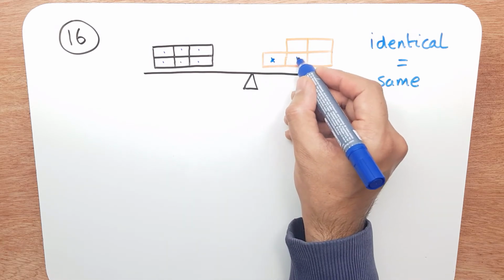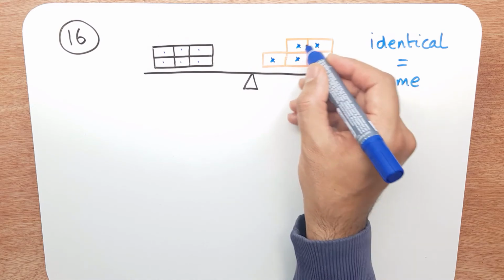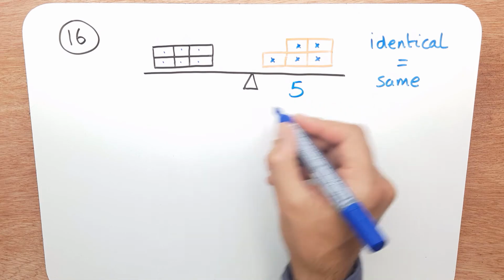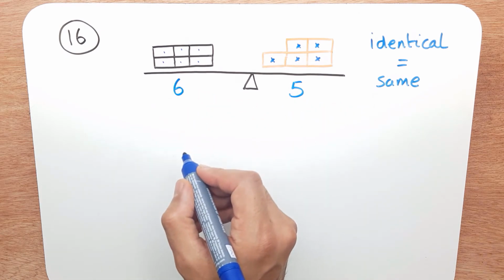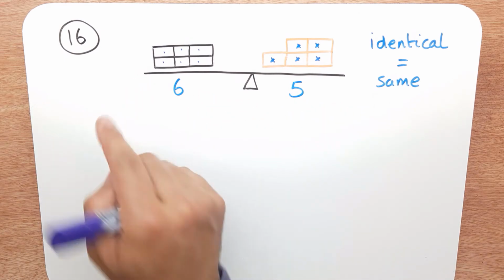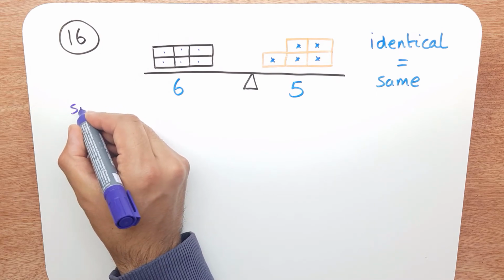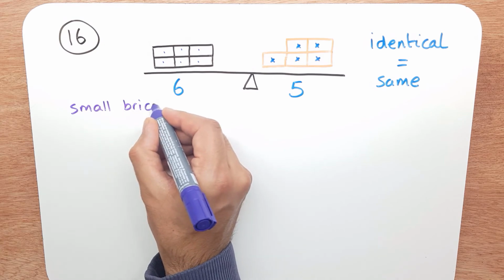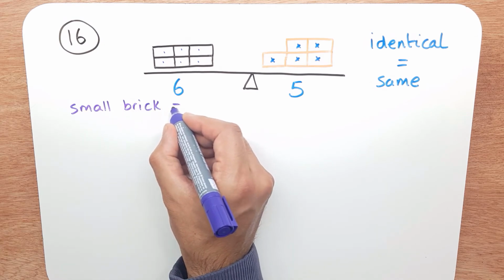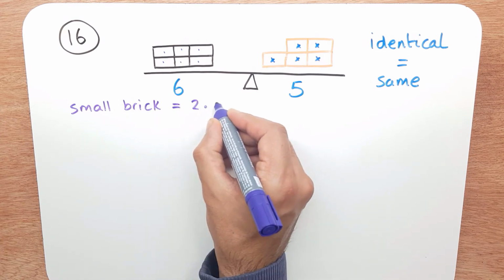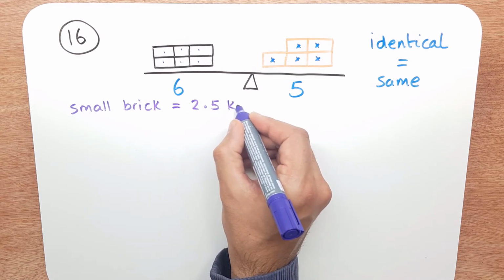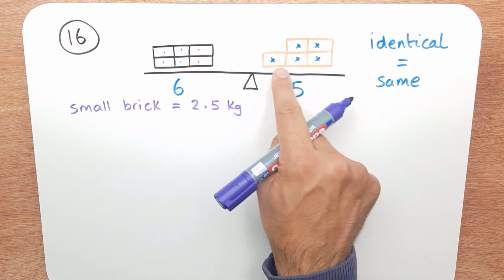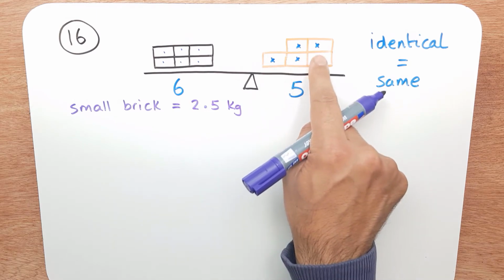So 1, 2, 3, 4, 5. So we have 5 large bricks here and 6 small bricks. We're given that each small brick is 2.5 kilograms, and we are asked to work out the weight of the large brick there.